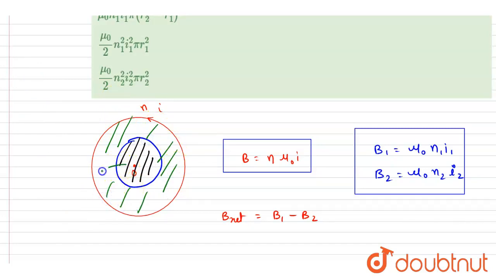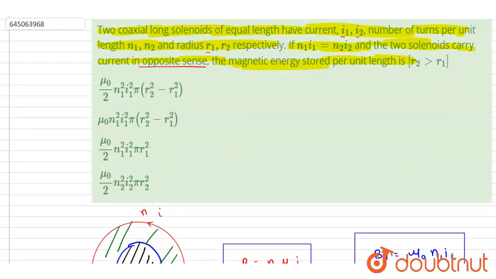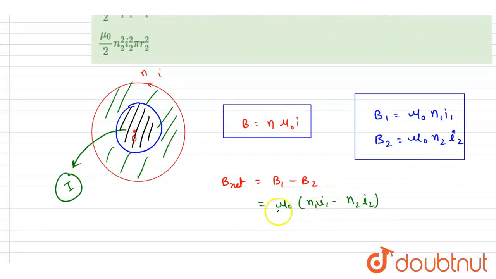In region 1, you can check from the formula, if you take mu naught common, it will be N1 I1 minus N2 I2. And it is given in the question that N1 I1 is equal to N2 I2, so they are equal basically. So it will be 0.